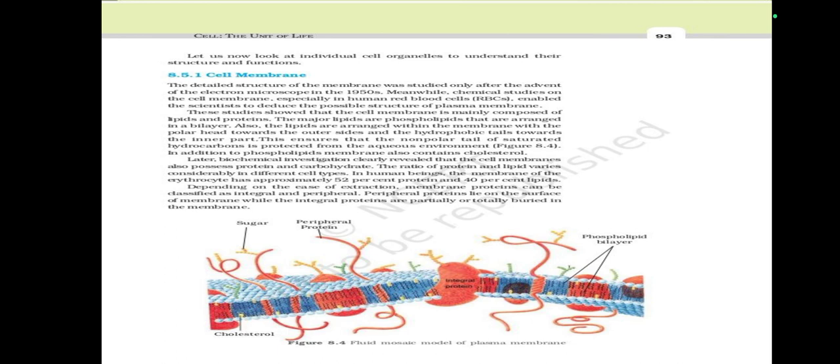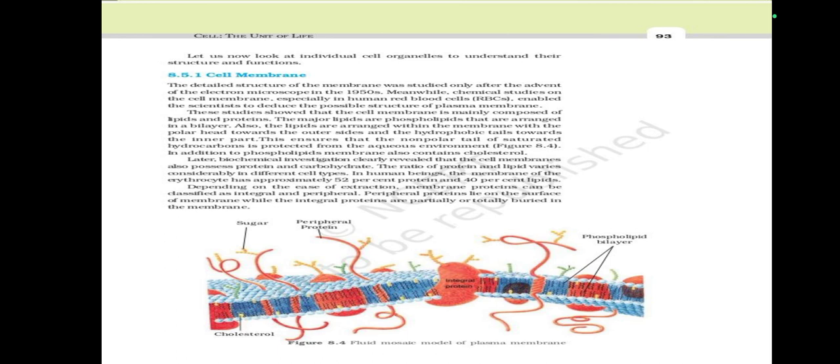This ensures that the nonpolar tail of saturated hydrocarbons is protected from the aqueous environment, as shown in figure 8.4. In addition to phospholipids, the membrane also contains cholesterol. Later biochemical investigation clearly revealed that the cell membrane also possesses proteins and carbohydrates.